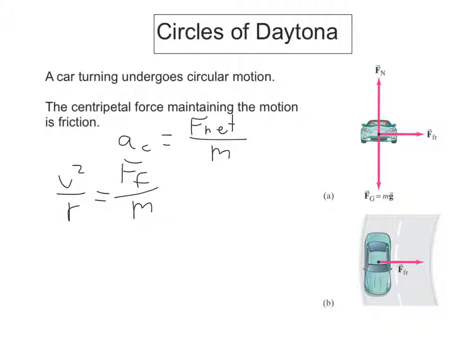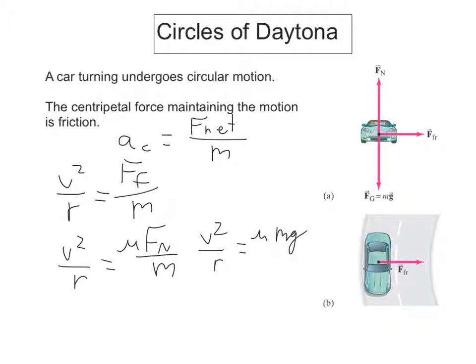Since I'm on a flat surface, I know that my normal force will be the same as my gravitational force, mg. So I can say that the force of friction will be the coefficient of friction times the normal force. And I can go one step further and say, well, that will be mu times mg, and you'll see that the mass of the car will drop out of the equation.